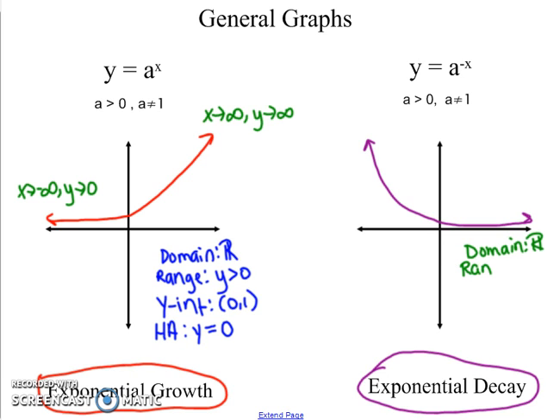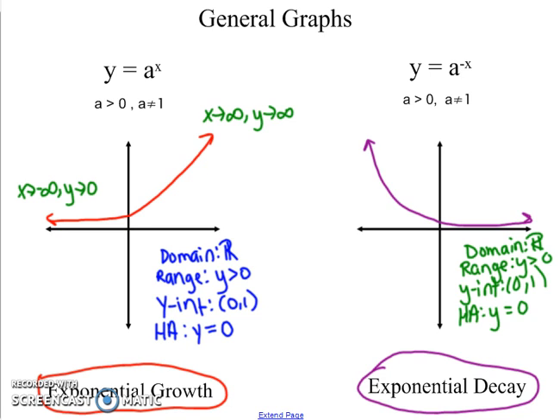The range, again, for a decay function is going to be y is greater than 0, since you still can't have negative y values. And then the y-intercept will again be (0, 1), since if you plug 0 in for x, you're going to end up with 1. And the horizontal asymptote, again, is going to be y equals 0. So they're very similar. The only difference here is that decay is going down, the growth is going up.